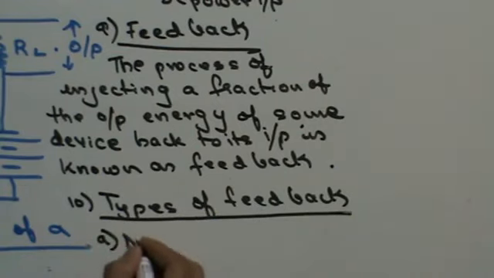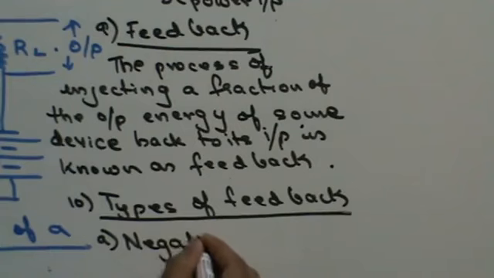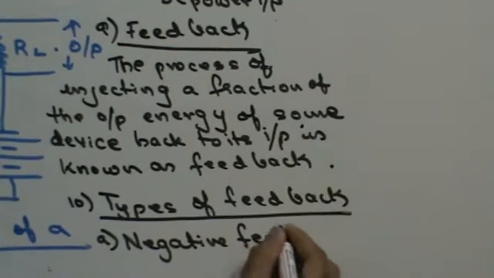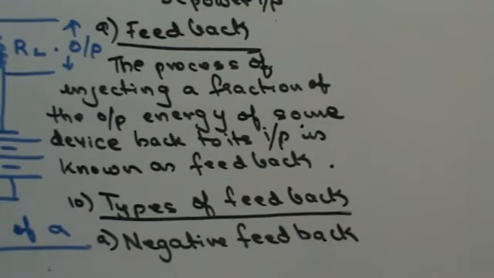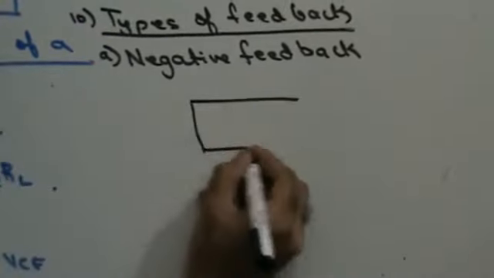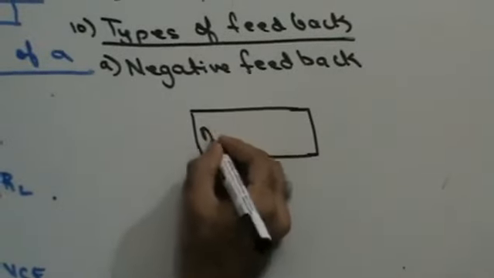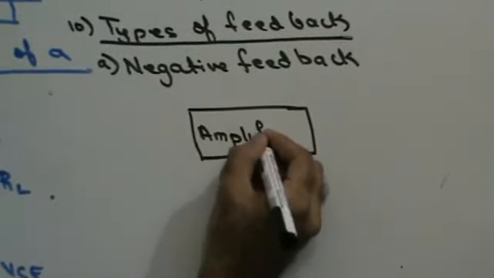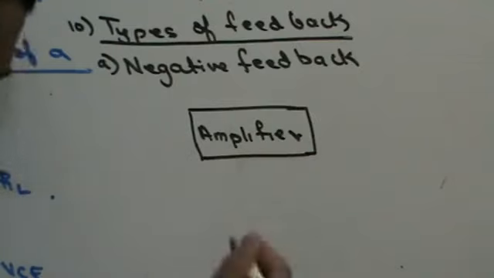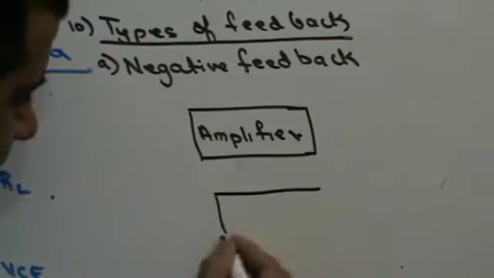First is a negative feedback. For example, let's consider that you have an amplifier, and you have a feedback network.